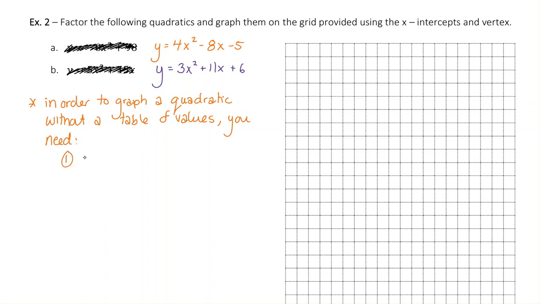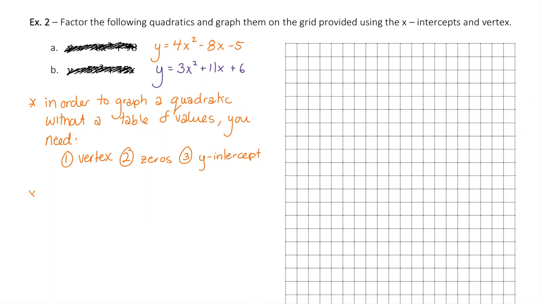One would be the vertex, two would be the zeros, and sometimes it also helps to have the y-intercept, just to give you some points of reference, but those first two, vertex and zeros, are important. We don't always want to graph a quadratic with a table of values because it's time consuming. So we're going to show you a different method now.